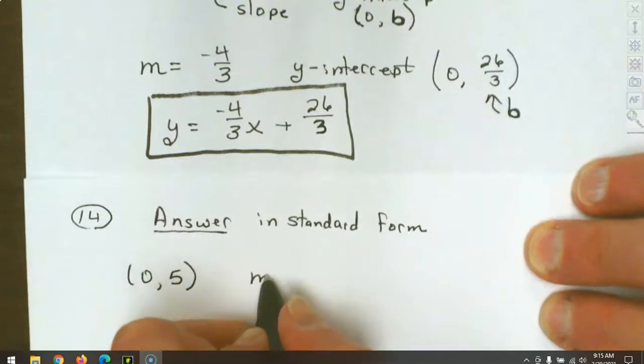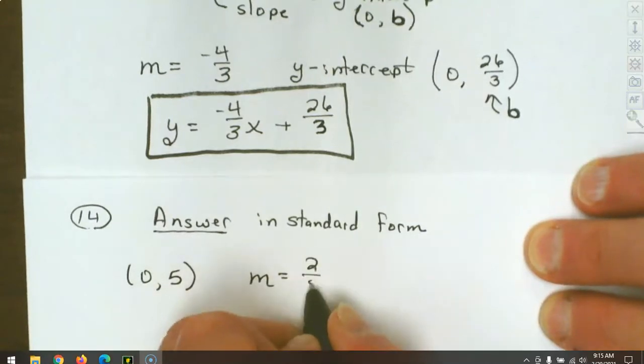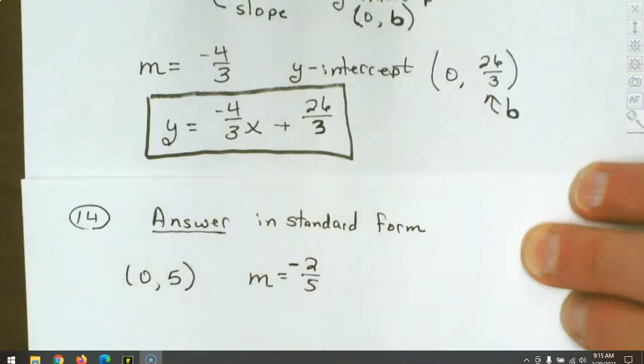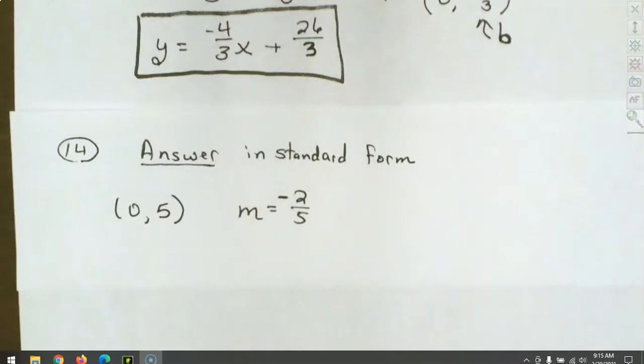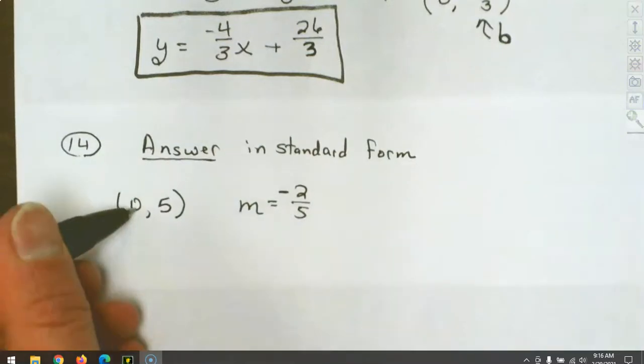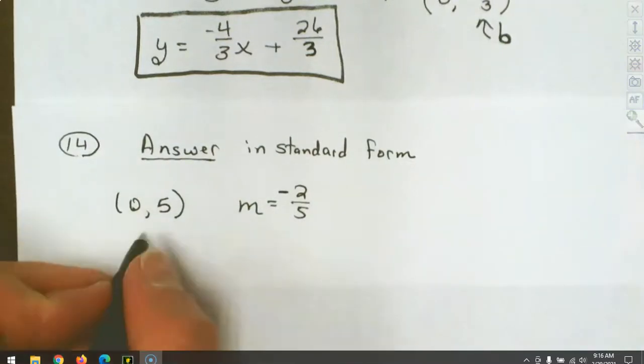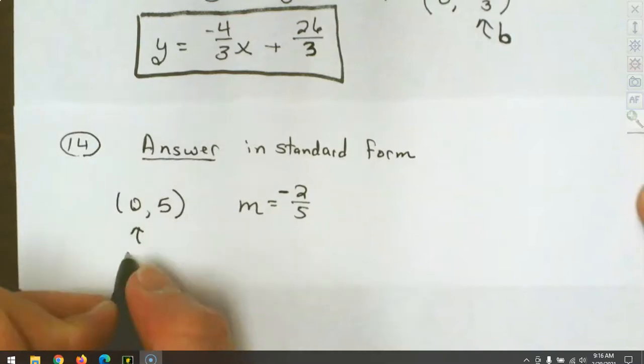And then we've got a slope of negative 2/5. Well, first off, let's look at that point that they gave me, that is a y-intercept. How do I know that this is a y-intercept? Because the x value is 0. As long as it starts with a 0, this then is your y-intercept.